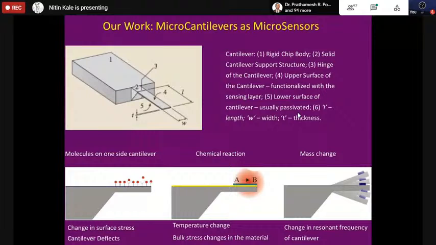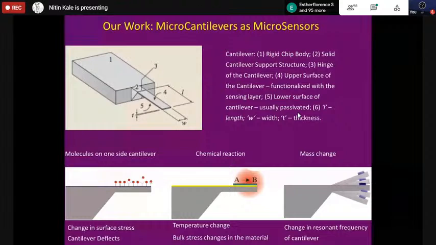What can happen is this cantilever has a certain resonant frequency. Let's say it is vibrating, and some sort of mass gets added to the cantilever. Due to this, what will happen? The resonant frequency of the cantilever will change. And therefore, this now becomes a weighing balance.